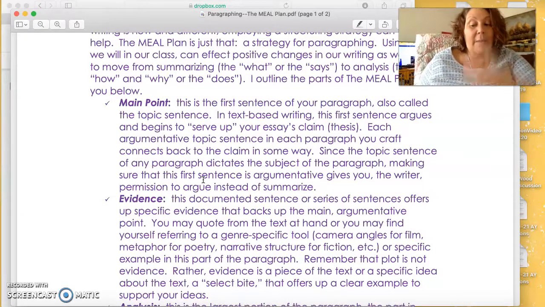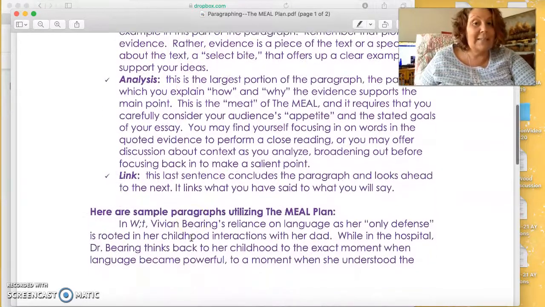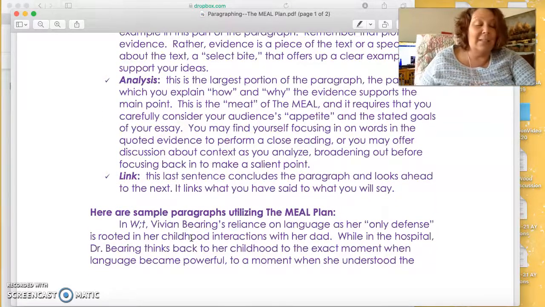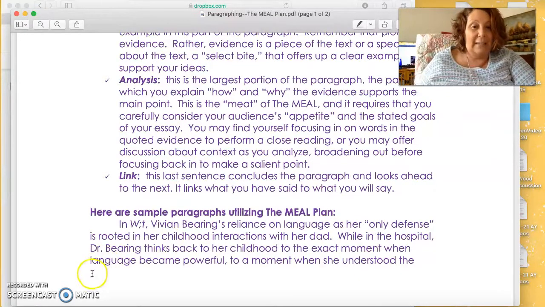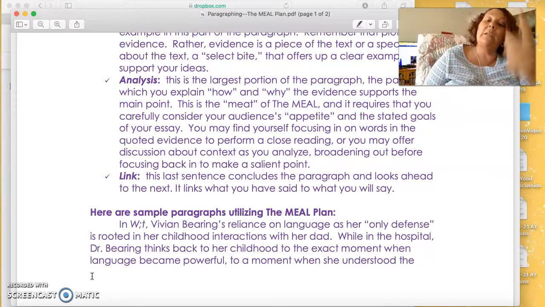If we're thinking about a paragraph, the main point of a paragraph is the topic sentence. Evidence, and notice how I define that for my students here. Analysis, and I even say it's the largest portion of any given paragraph. And then link. It concludes the paragraph and looks ahead to the next, so it links what you have said to what you will say.